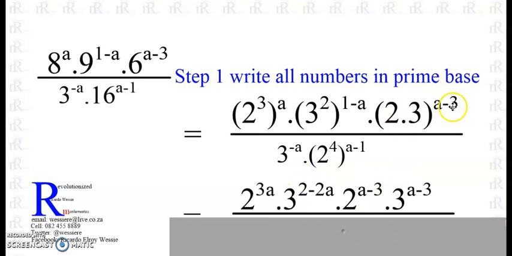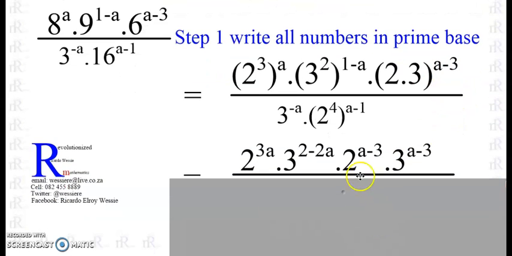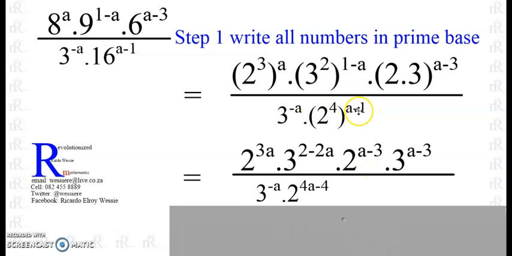Then 2 to the power of a minus 3 and 3 to the power of a minus 3. At the bottom I can expand this one, so this will be 4a minus 4. Don't make the mistake of just multiplying the first one and forgetting about the one at the back. Okay? So both must be multiplied with the exponent that is on the inside.